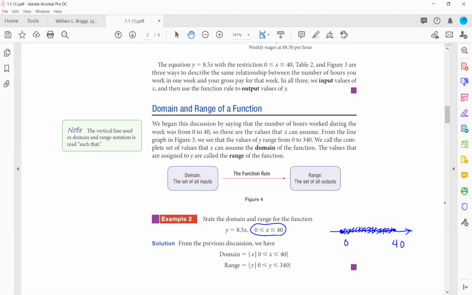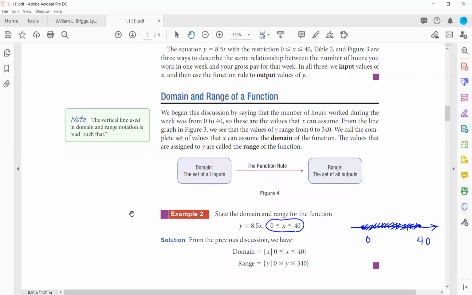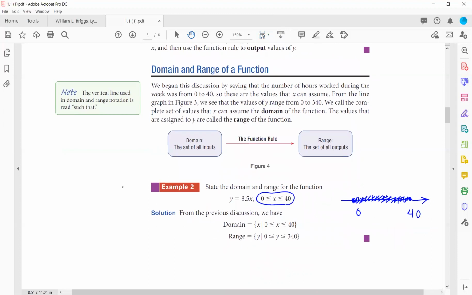So you can either use set notation. We read it this way. Curly brace, you read it as the set of all x values.